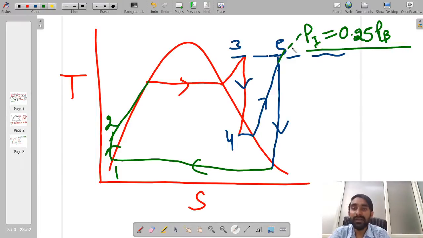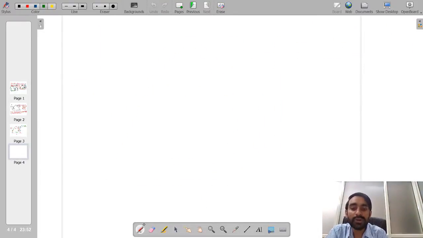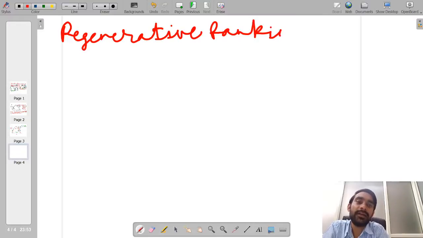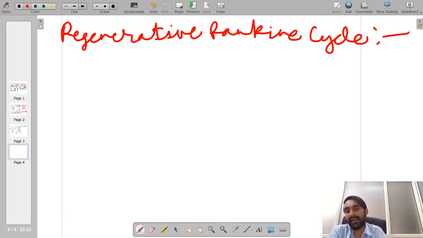Okay, now after this reheat, there is one more configuration of the Rankine cycle, which is particularly known as the regenerative Rankine cycle. Let us try to see why regeneration is employed in the Rankine cycle.